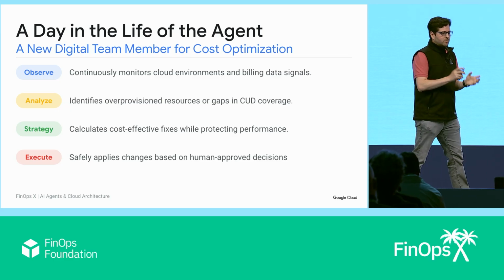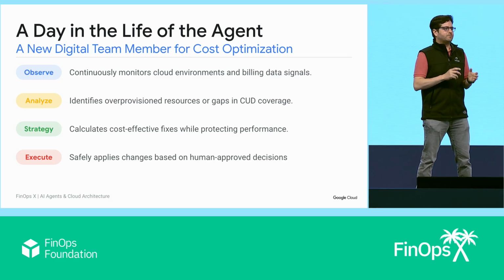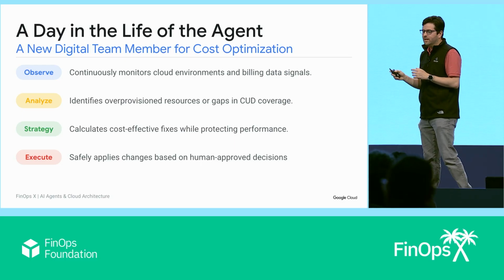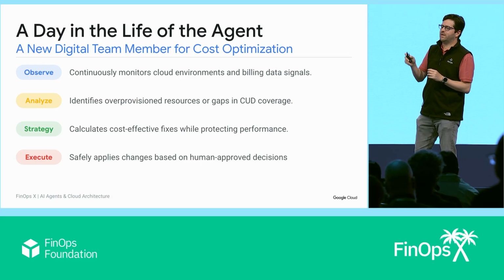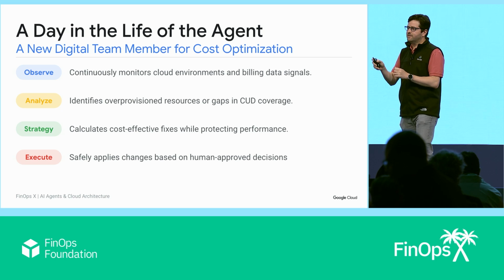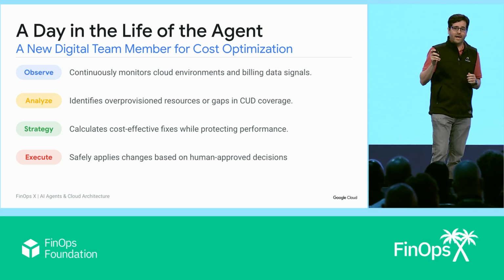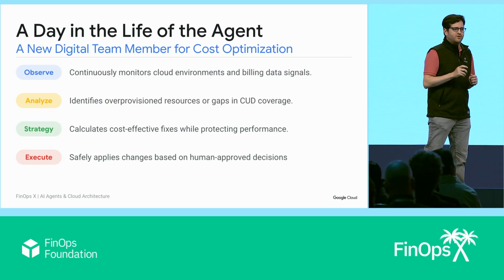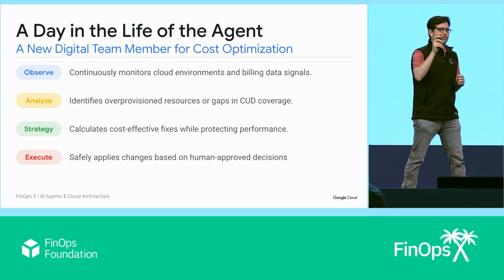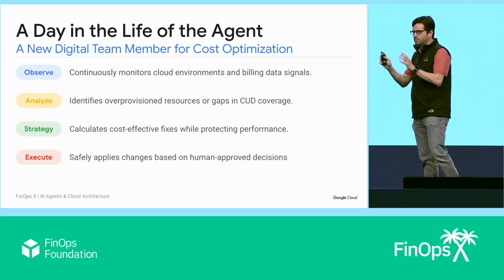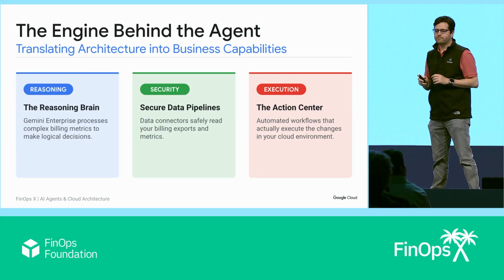It identifies over-provisioned resources and any gaps in code coverage. And then it will think. It will strategize. It will calculate the most effective cost fixes while still protecting the performance of your resources. And finally, it executes. It safely applies the changes based on what you approve.